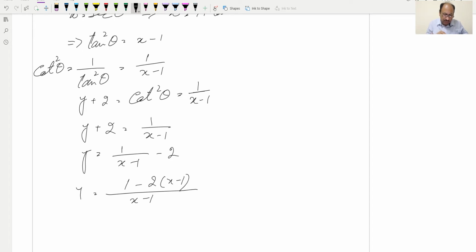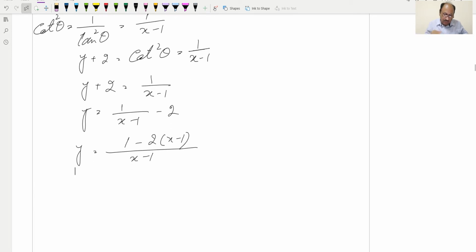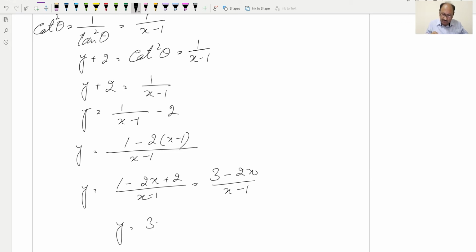Hopefully you are understanding each and everything, and now we can rewrite it as 1 minus 2x plus 2 divided by x minus 1, and this will be equal to 3 minus 2x over x minus 1, and this will be the final answer for this question. We have written y in terms of x, and this is the final answer.